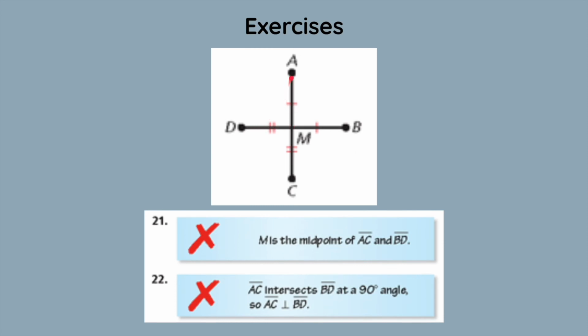Rather, AC and DB intersect at point M such that AM is congruent to MB and DM is congruent to MC. But we cannot conclude that M is the midpoint, and we also can't conclude that AC intersects BD at a 90-degree angle because we would need that 90-degree angle to show it.